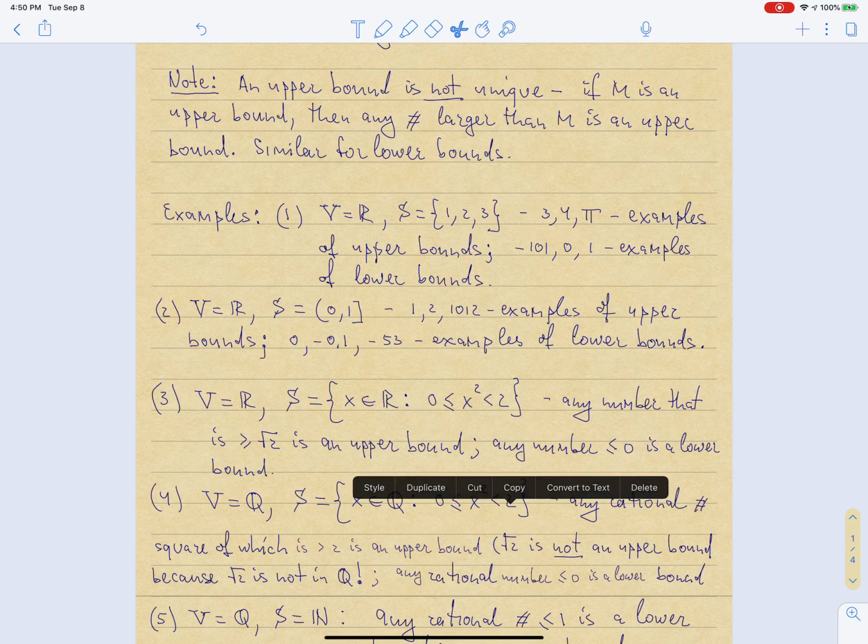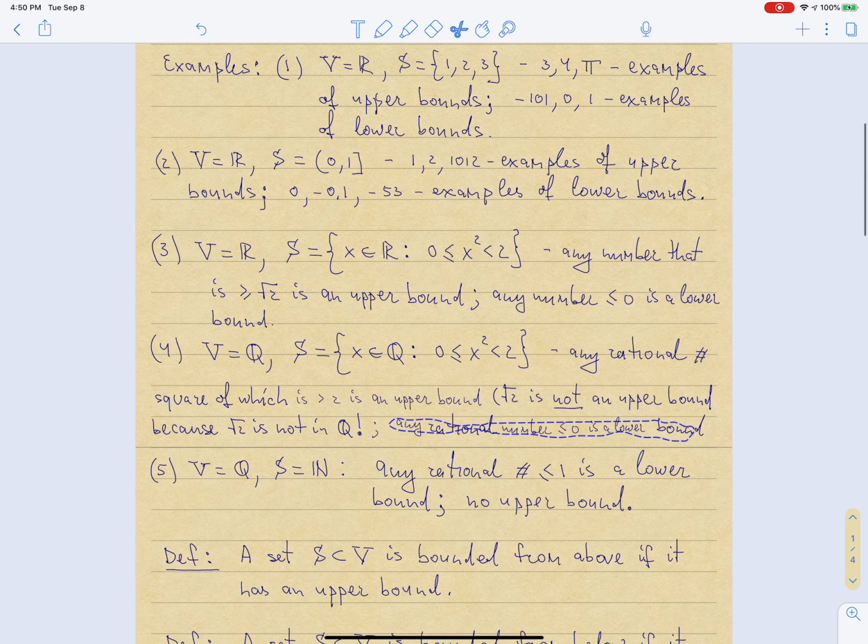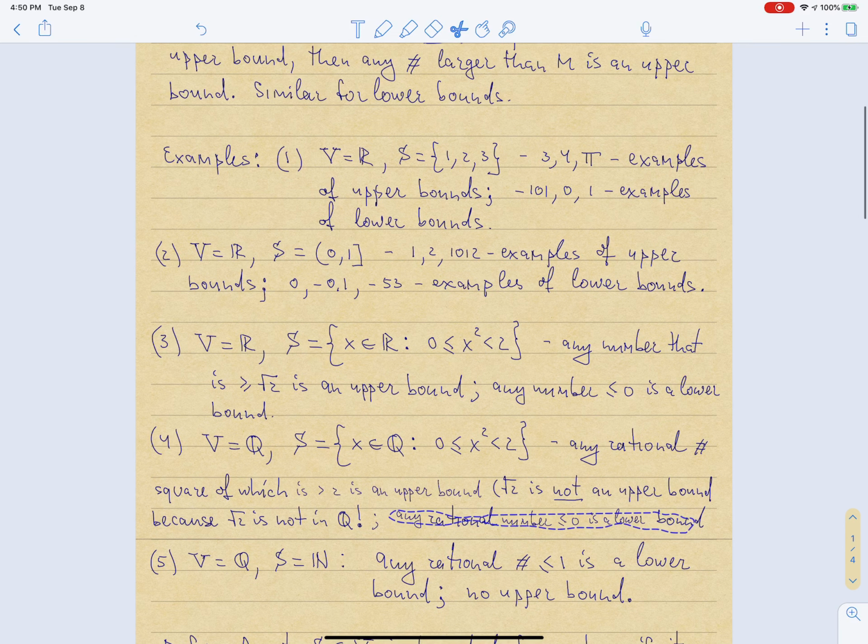Now, just like before, any rational number which is less or equal than 0 must be a lower bound. Okay, the last example here, let's say I still take my set V as being the set of all rationals, and as a subset of it, I'm going to take the set of all natural numbers, so all positive integers.